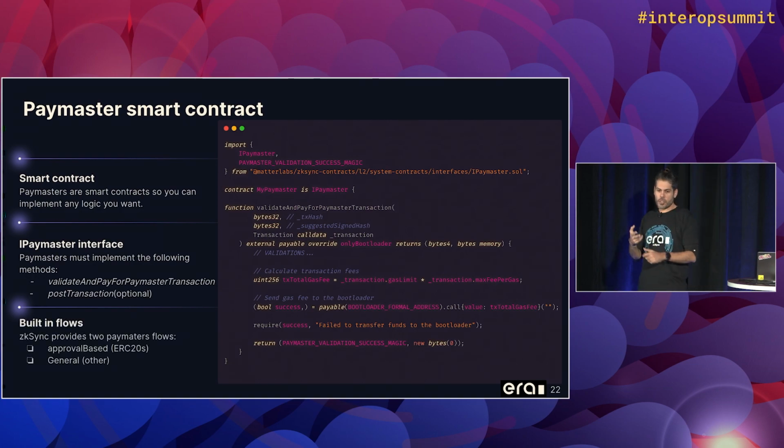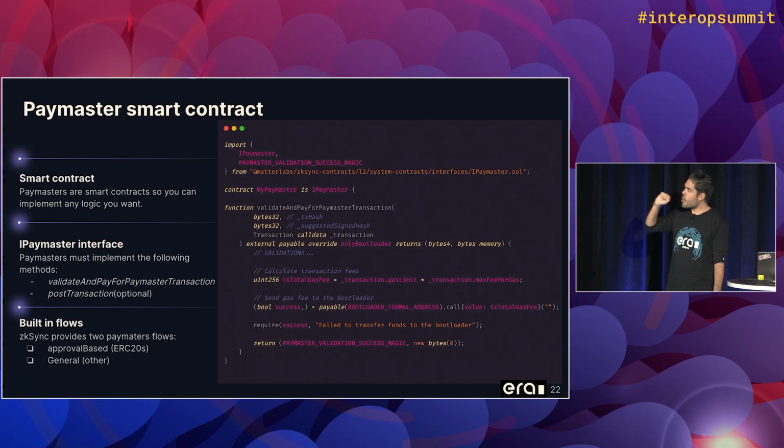Apart from that, there are two built-in flows for Paymasters, and this is useful for front-end integration. One is the general flow, and the other one is the approval-based flow. Basically, the general flow is anything. If you want your Paymaster to be protected by a password, you will use the general flow, and the user will have to send the password as part of it. The approval-based flow is specifically built for ERC20 tokens.